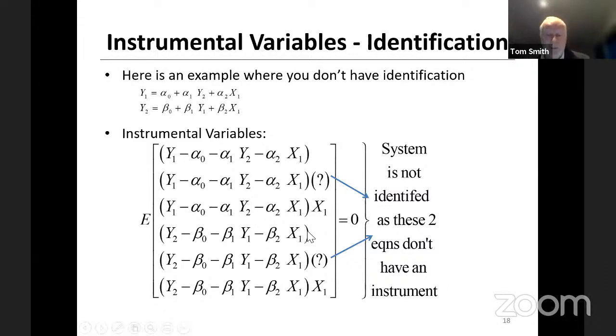And if we put in x1 here instead of y1, that's not going to work either, because then you have identical equations. So you can see at a glance that you don't have identification. Looking at the normal equations gives you a really good way of seeing the problem, just doing one-stage estimation and seeing whether you have identification or not.